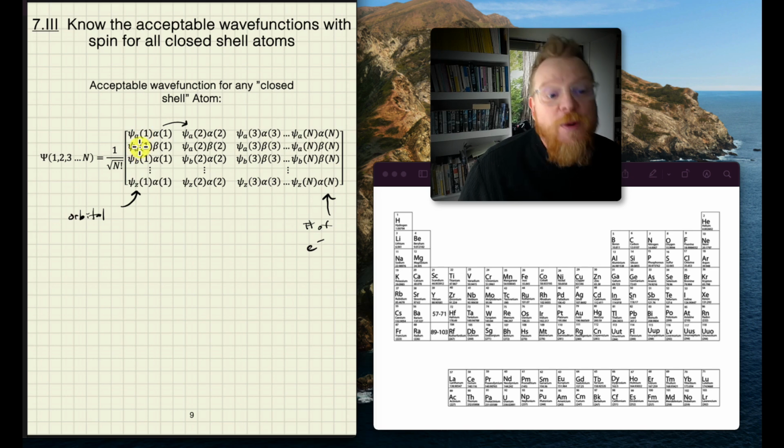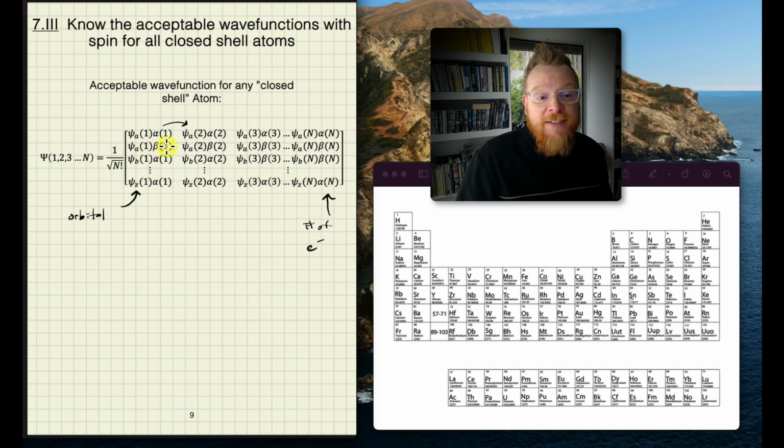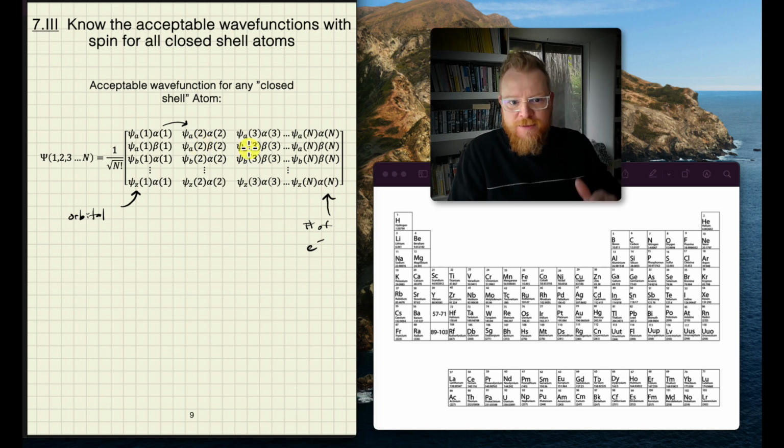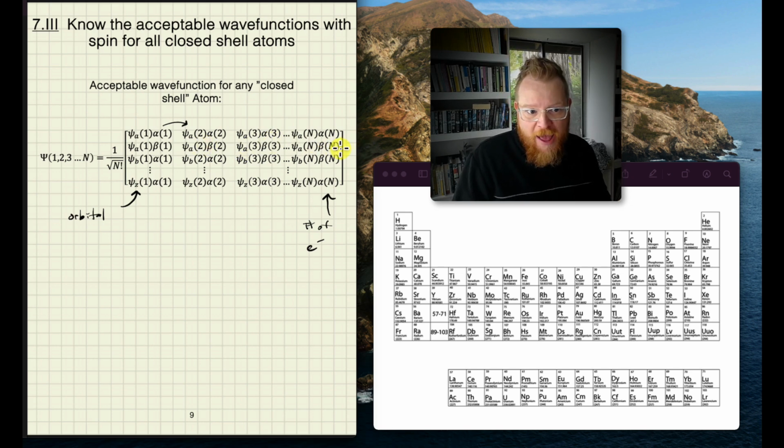And then, of course, we have to have another line describing that same orbital, but now all spin down. So Psi A1, this time spin down. Psi A2, spin down. Psi A3, spin down. All the way to however many electrons we have. Once we've satisfied that orbital, we can now move down to the next orbital, B, and repeat the process.